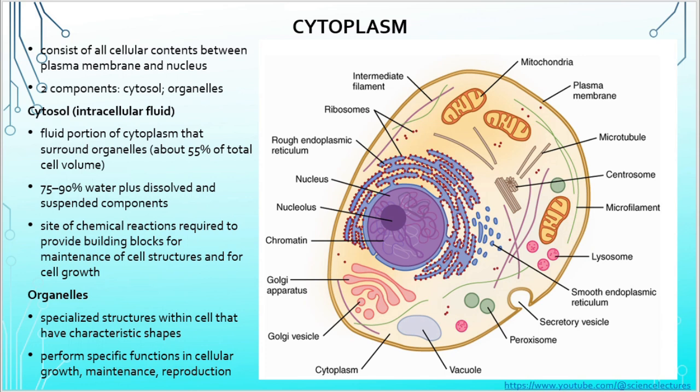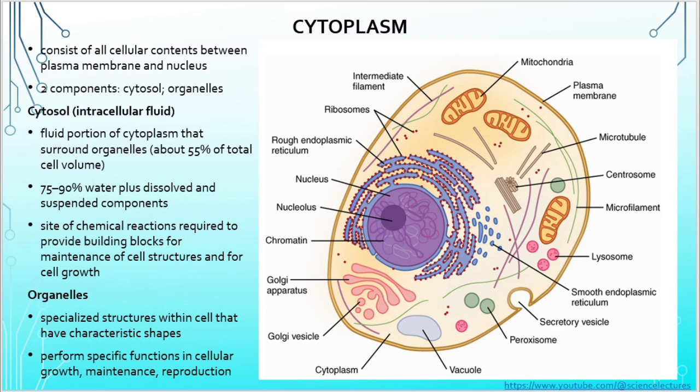Also present in some cells are various organic molecules that aggregate into masses for storage. These aggregations may appear and disappear at different times in the life of a cell. Examples of such molecules include the lipid droplets that contain triglycerides and clusters of glycogen molecules called glycogen granules.